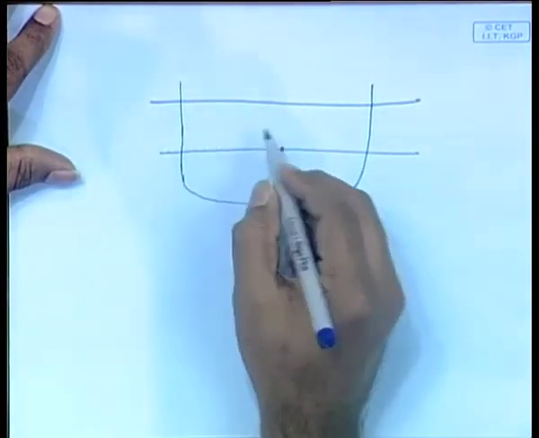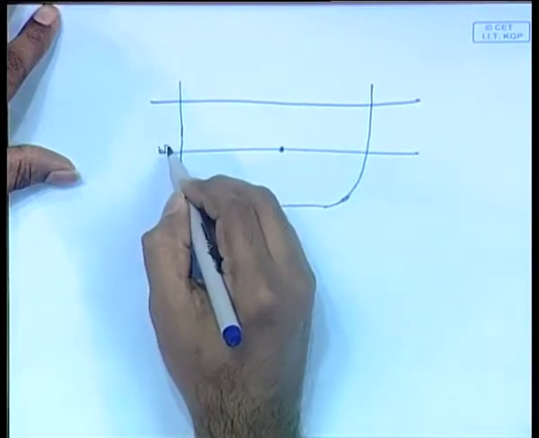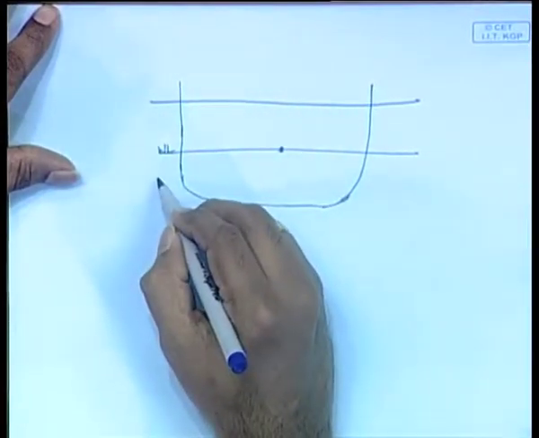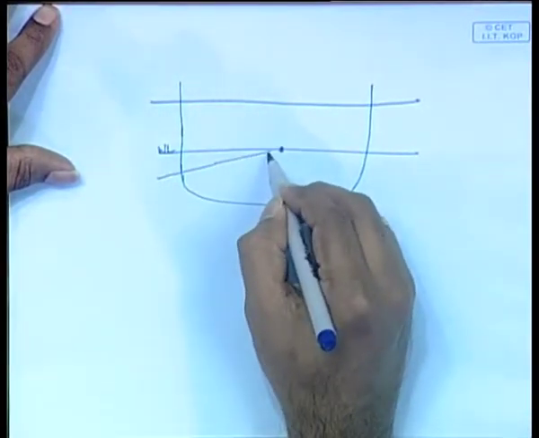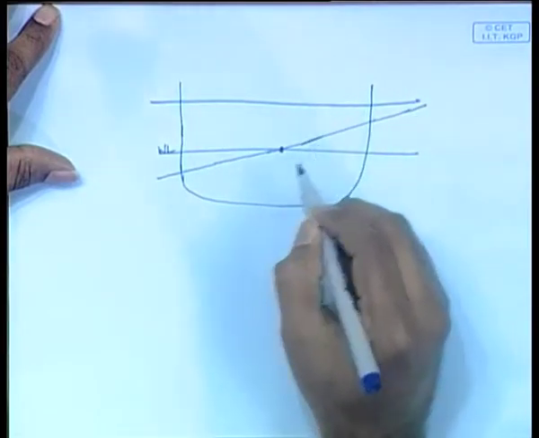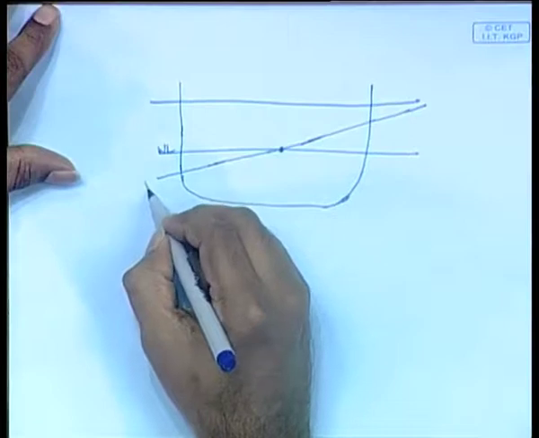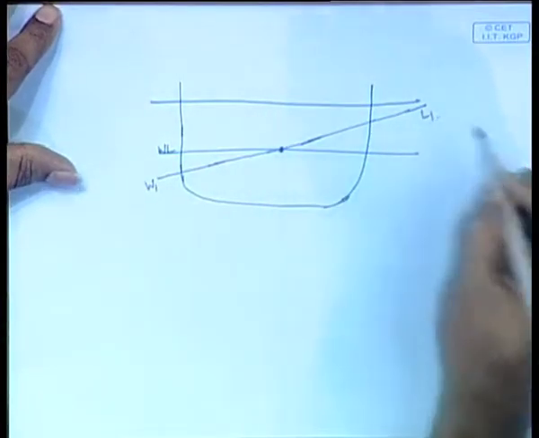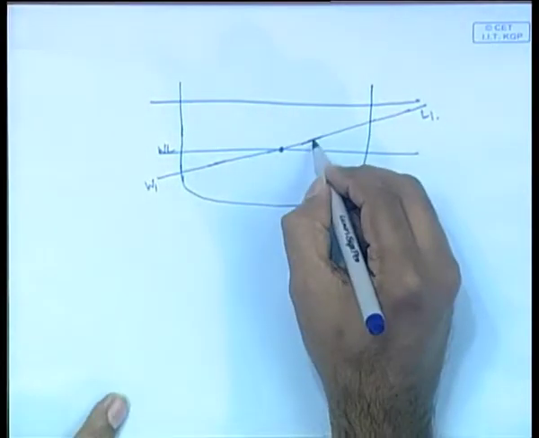So, let us assume that this is the initial water line, and then the ship heels to a new water line. Okay. It heels by an angle phi.